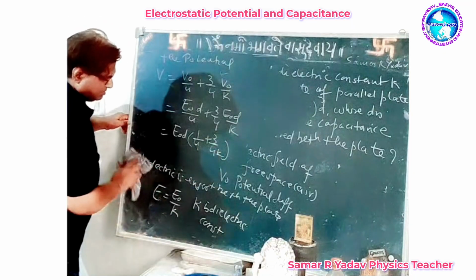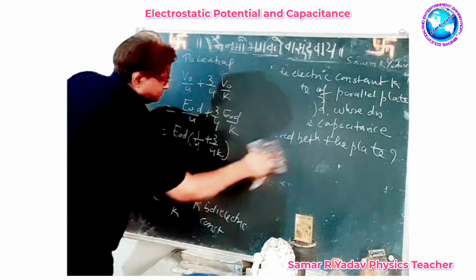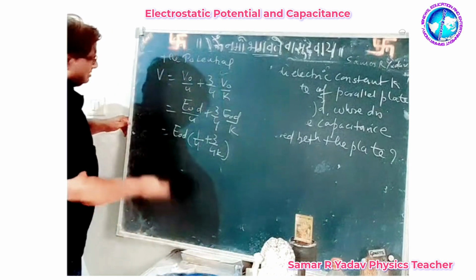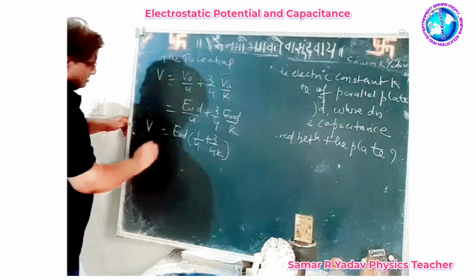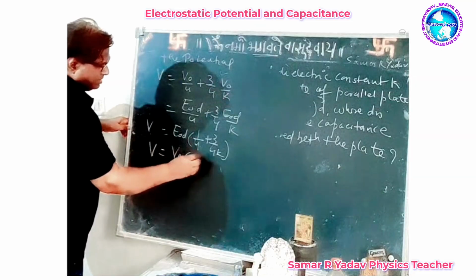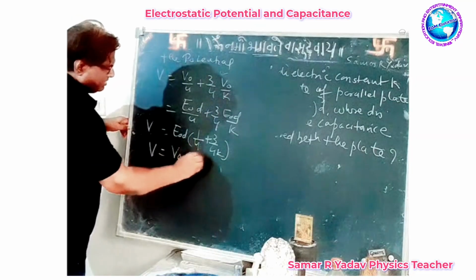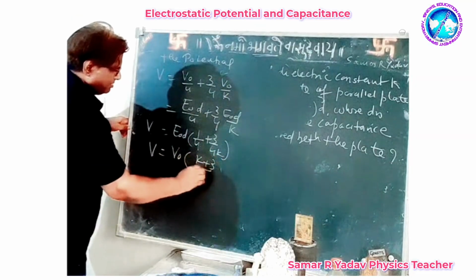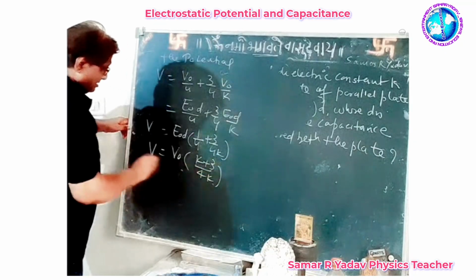Now E0D is V0. Now we will take LCM, so we get K plus 3 upon 4K.